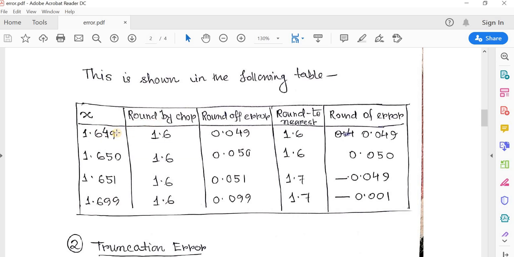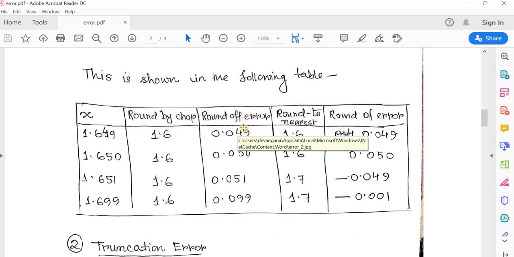If we round this value by chopping, it will be 1.6, so the 4.9 is removed. That means it is rounded to 1.6. Then here this is 1.650. If it is rounded by chopping, it will be 1.6. Similarly, this is 1.6, 1.6.